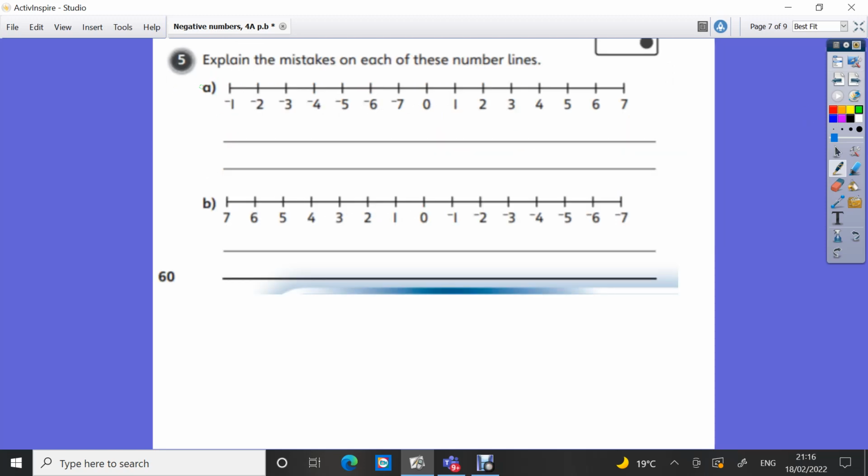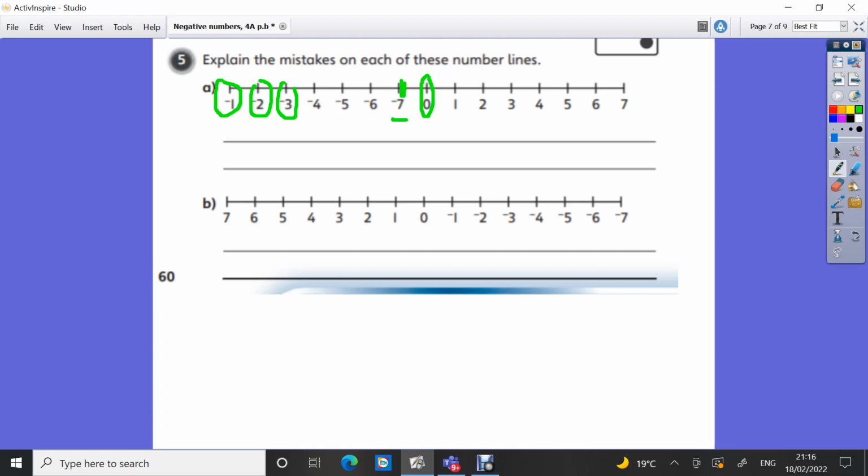Okay, here we have to find the common error. Explain the mistake on each of the number lines. Let's see. This is -2, -1, -2, -3. Wrong. Actually, we know that -1 should be right after 0 on the left side. It should not start from -7. -7 should not be here.